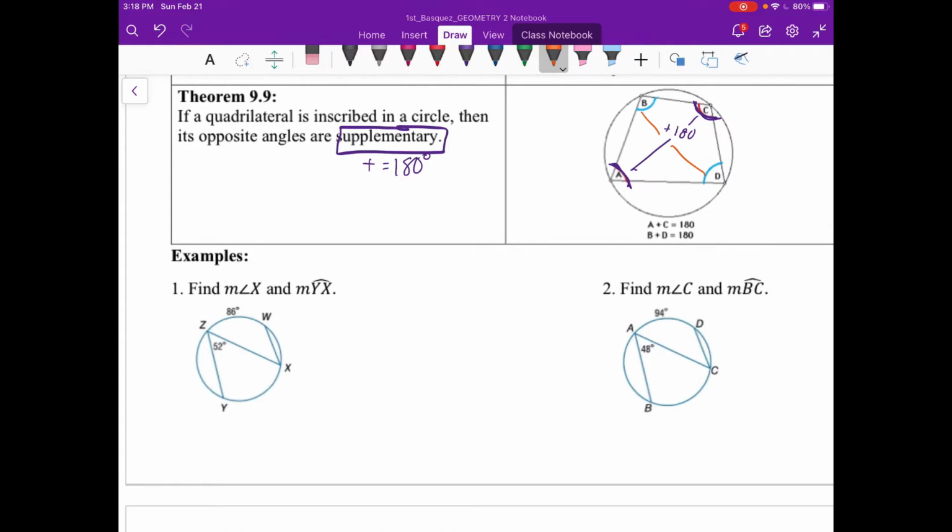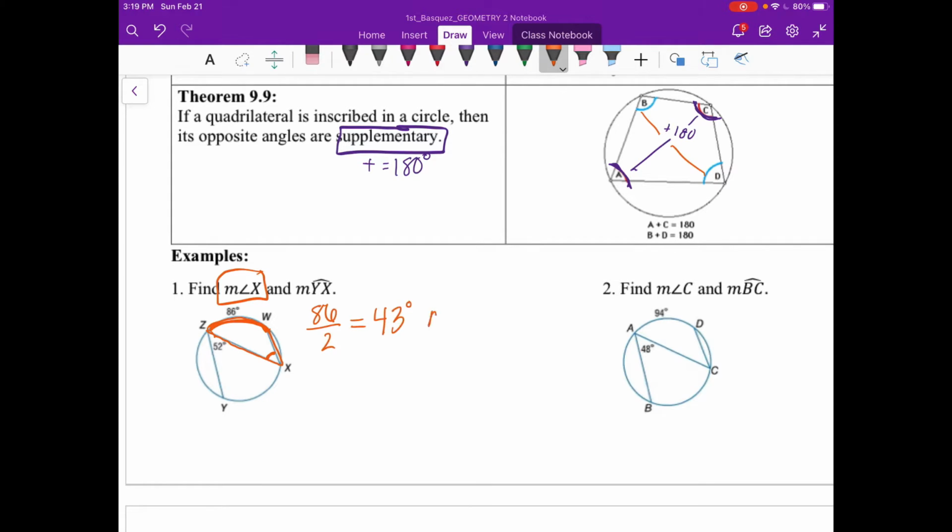So find the measure of angle X. Let's do that first. And then find arc YX. So first of all, angle X is right here. It's an inscribed angle. And if I follow it along, this is the corresponding arc. So remember, inscribed angles are half the arc. So I'm going to take that 86 and divide by 2. That's going to give me 43 degrees.